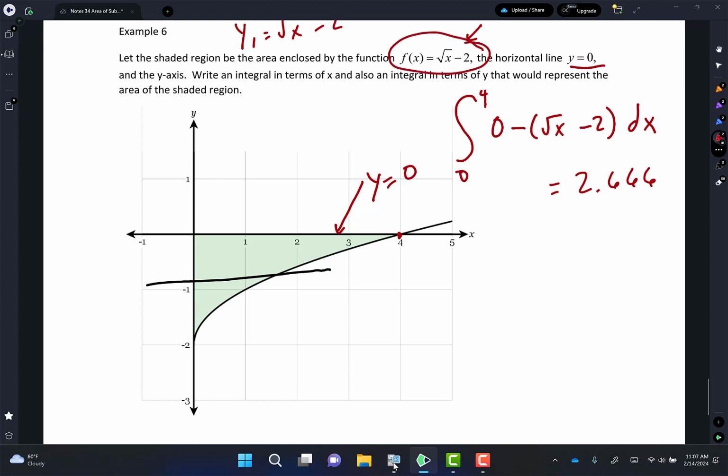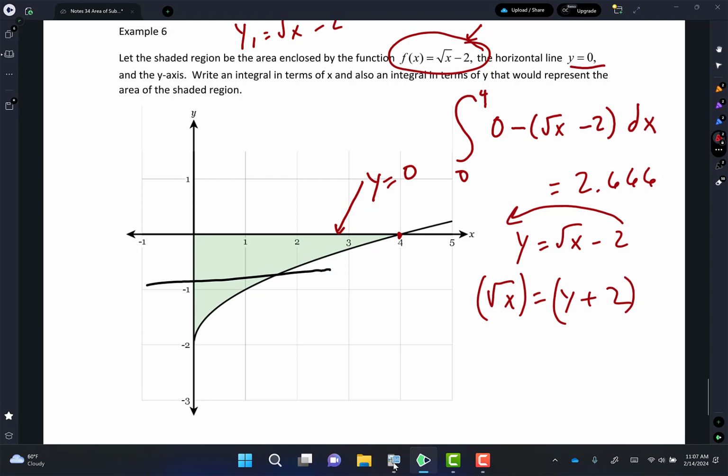So I take y equals square root of x minus 2. I move the 2 to the other side. So square root of x equals y plus 2. Have I confused anyone? No. And then how do I get rid of the square root? Squared. X equals parenthesis y plus 2, close it, squared.